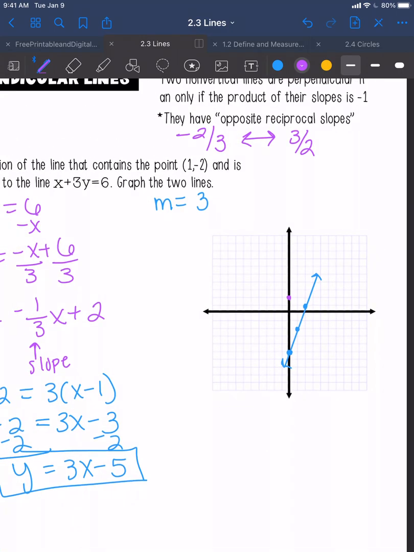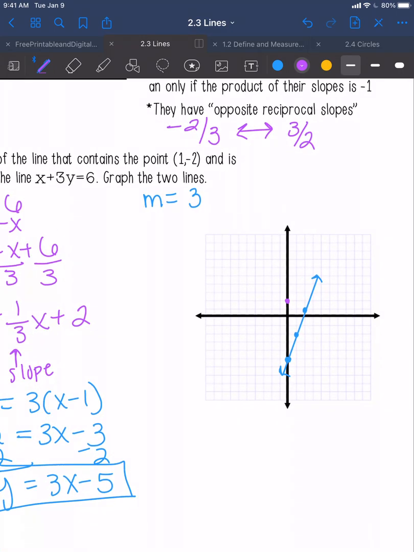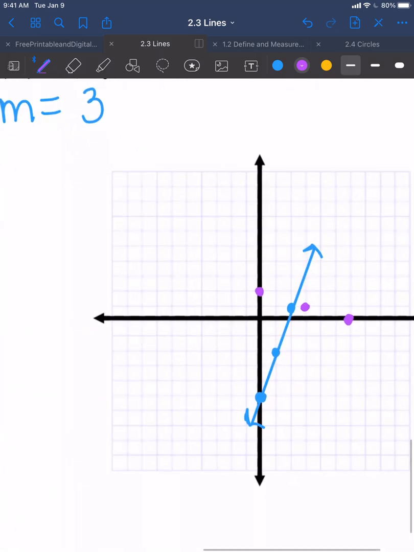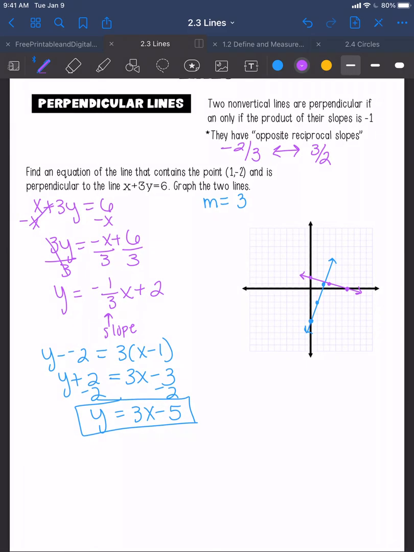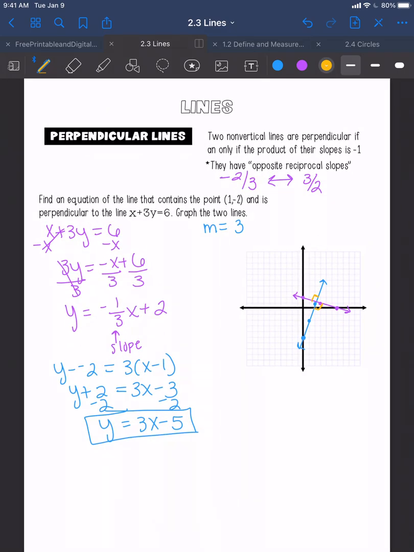And its slope is negative 1/3, so we're going to go down 1, right 3. And connect those. And those are perpendicular, meaning they make a right angle right there at all 4 corners. And that is it for lines.